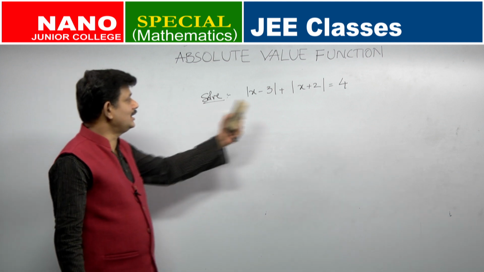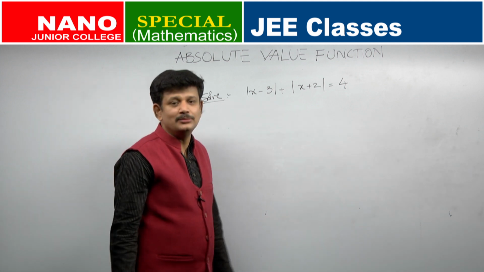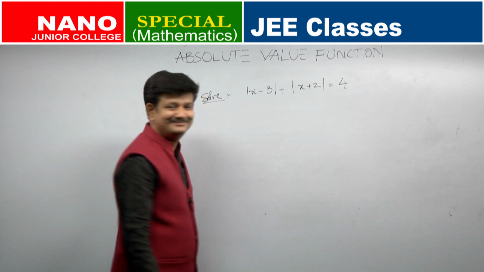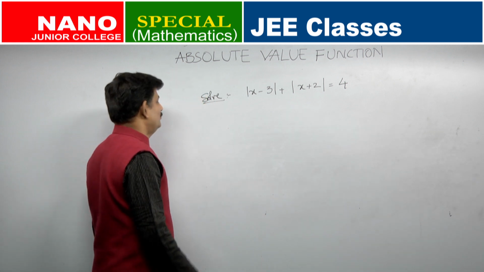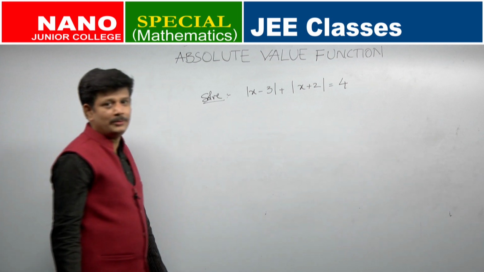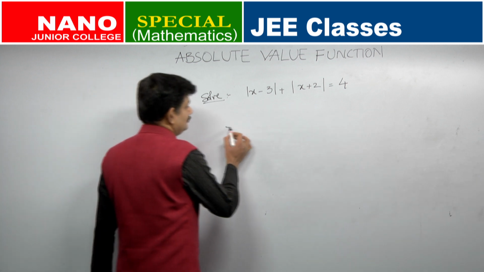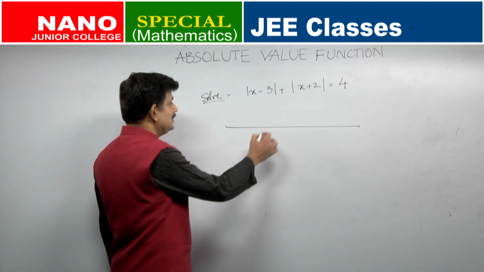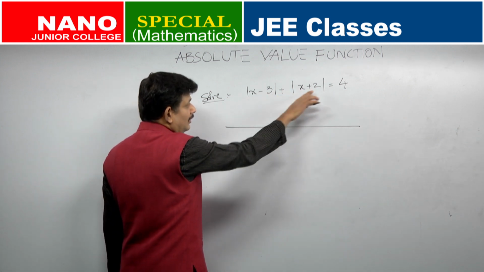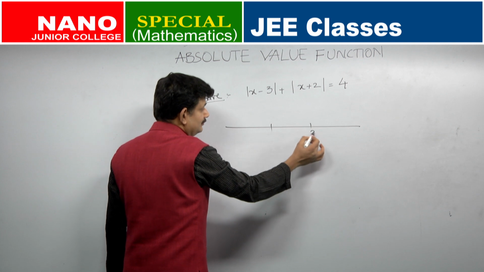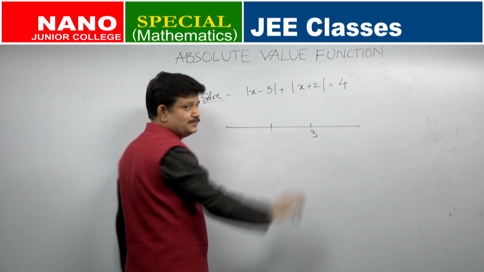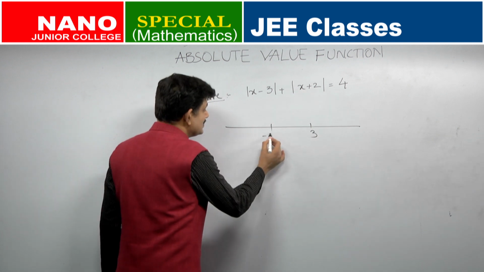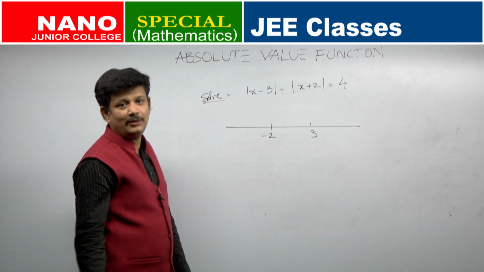Now, just by looking at this equation, I come to know about the answer. Let us see how. Let me look at this geometrically. Analytically, you know how to solve it. You split your discussion, you cut the number line at 3, and x plus 2 is positive or negative according as x is greater than minus 2 or less than minus 2.